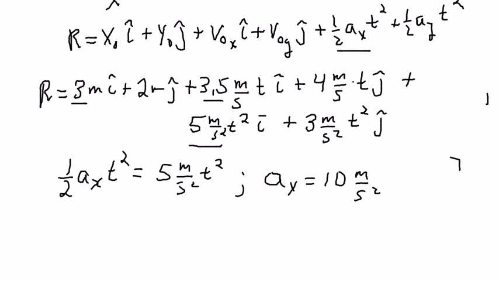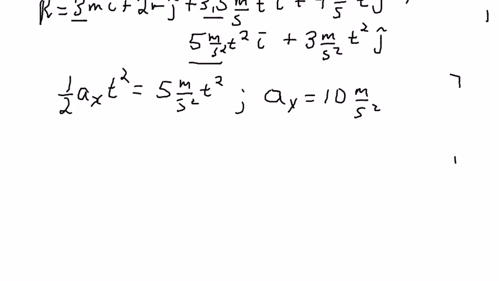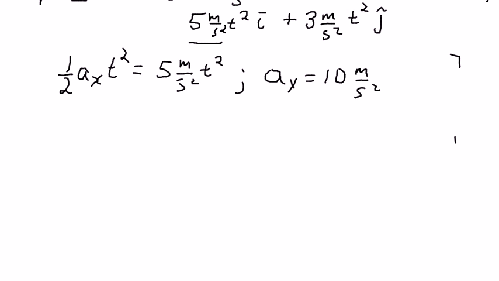And we know that if we were to take the derivative of the position, we would get velocity. The derivative of 1/2 a_x t squared is just a_x t. But we don't know that. So what we should do is try to write at least x or y as a function of t.